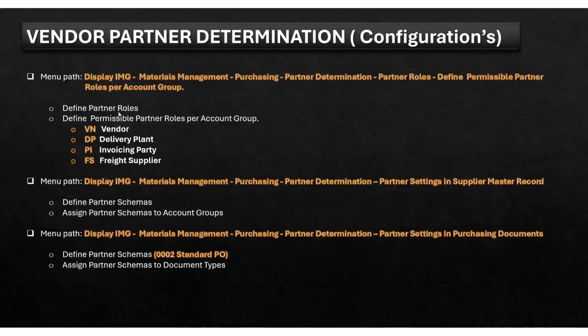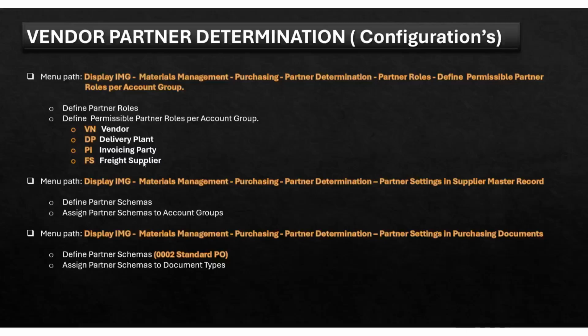So we have to do this configuration for vendor partner determination by following the menu. All the menu paths are under the IMG display screen. First we will define the partner roles and define the permissible partner roles per account group. That is VN for vendor, DP for delivering plant, invoicing party, and freight suppliers.